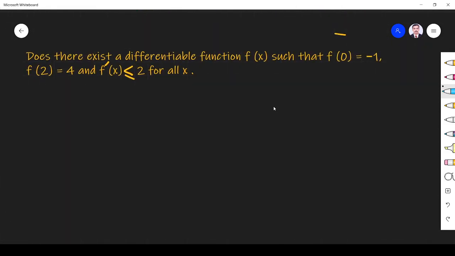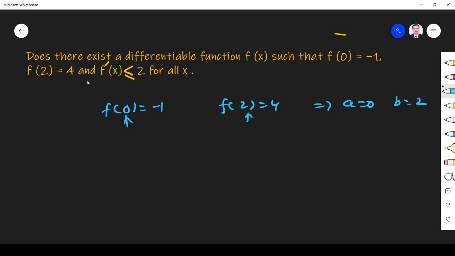Right. Does there exist a differentiable function f of x such that f of 0 is minus 1, f of 2 is 4? So f of 0 is minus 1, f of 2 is 4. This implies a is 0, b is 2, and this is f of b, f of a.